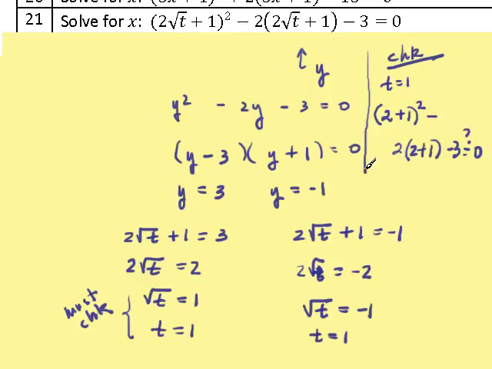Alright, so this is 9 minus, this is 2 times 3, minus 6 minus 3, and yes, that is equal to 0. Alright, so here's our valid solution, t equal 1. One valid solution.